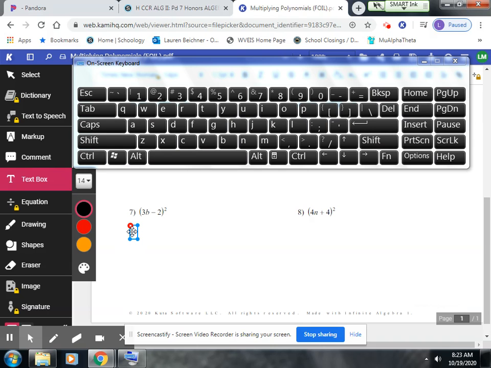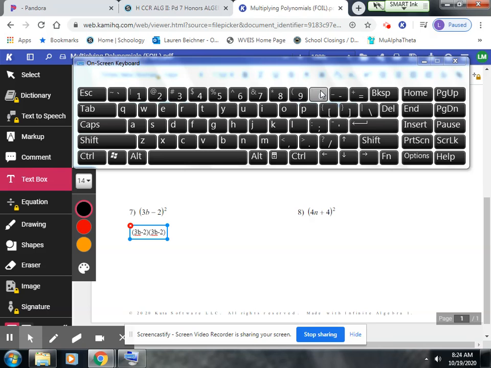So this example, I'm still doing FOIL. I have 3b minus 2, the quantity squared. That means that you have a 3b minus 2 times a 3b minus 2.